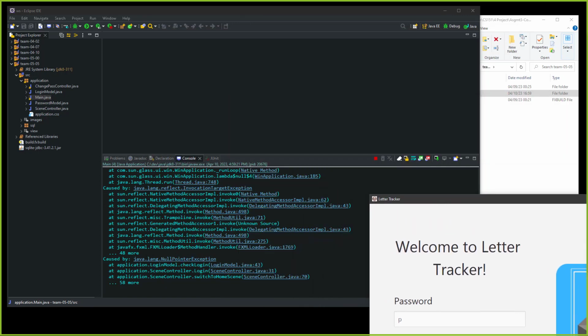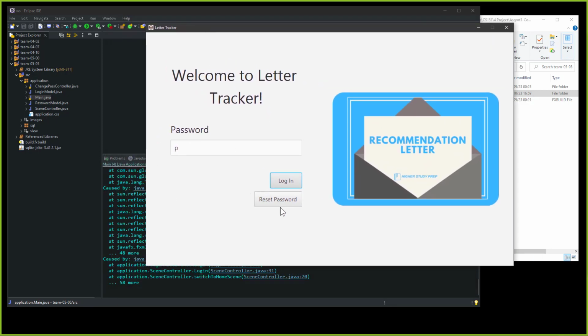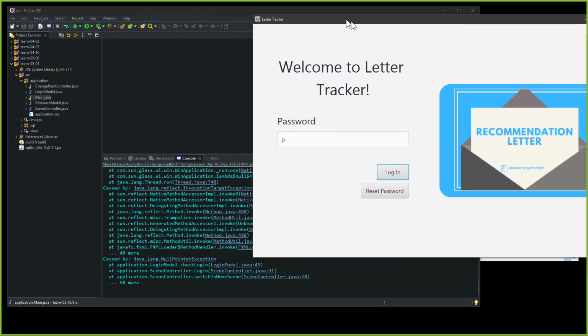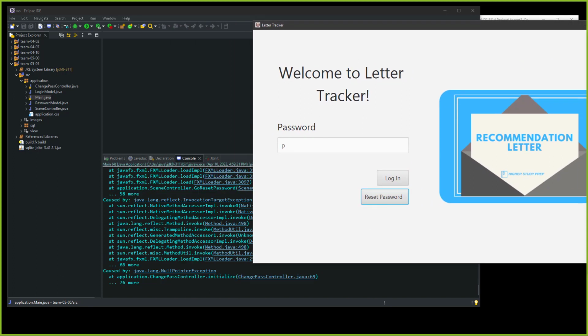You see, we got that many exceptions. How about the reset password? Yeah, again, we got so many.